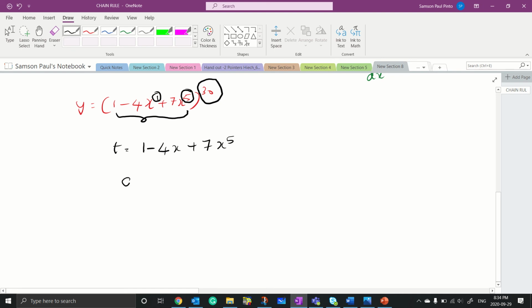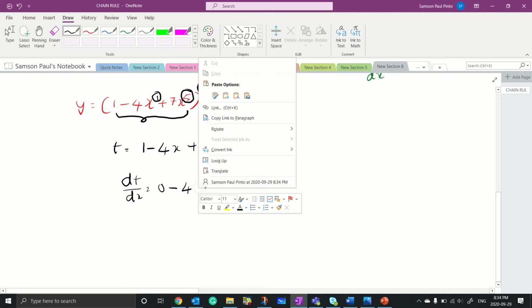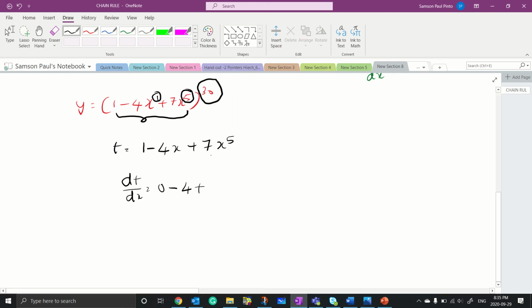Now when I solve this, I will write dt by dx is equal to the differentiation of 1, that is 0, minus the differentiation of 4x, that is 4, plus the differentiation of 7x to the power of 5, that is 7 fives are 35 x to the power of 4. So my final differentiation will be 35x to the power of 4, right?